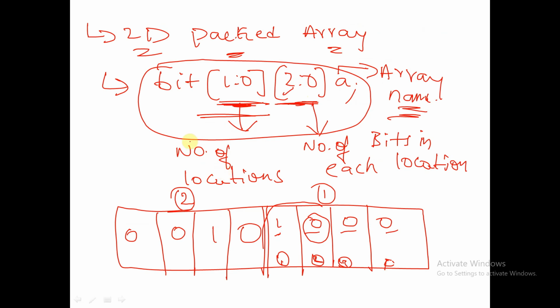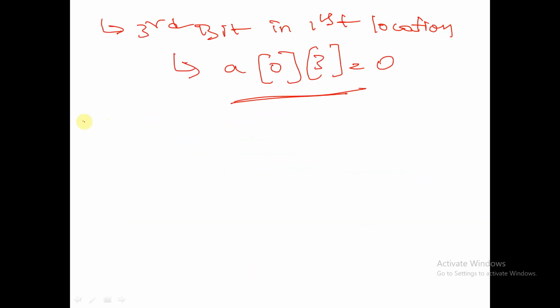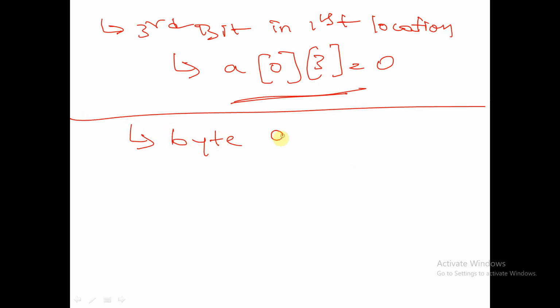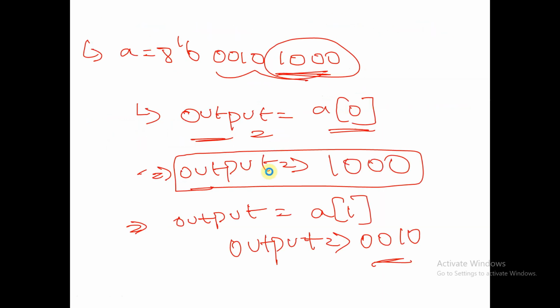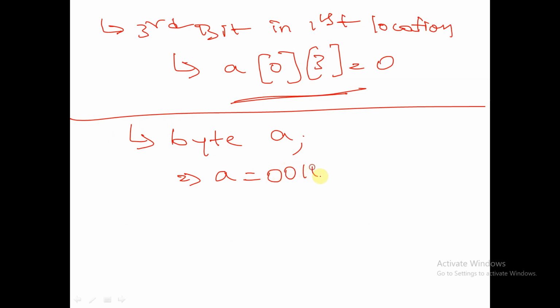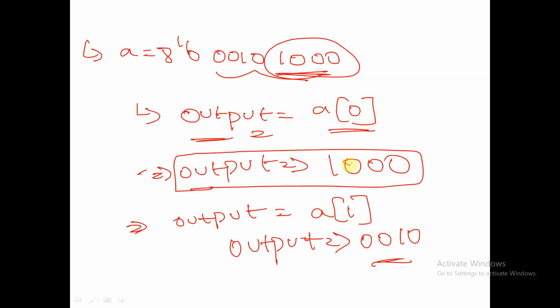See, if we don't use a packed array, we will directly use a byte and declare A, and store the same number. A is equal to 0010 followed by 1000, and here we are getting output initially 1000.